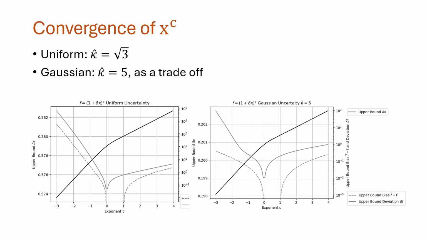At the same time, we also want to have a small alpha to have a small kappa to have a larger convergence range for the input. So that's why we choose the number 5 here. It's a trade-off.